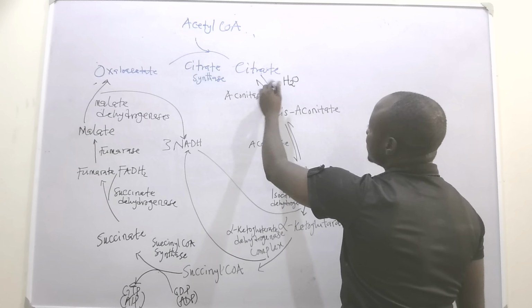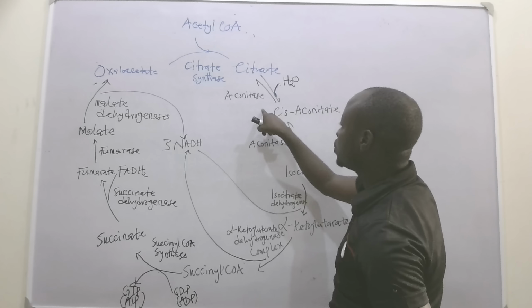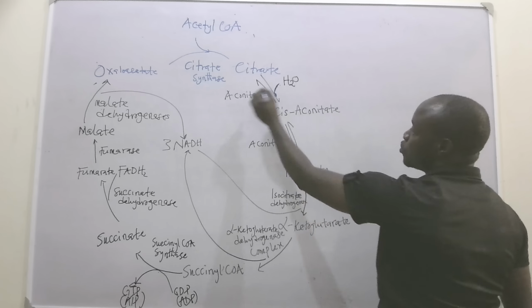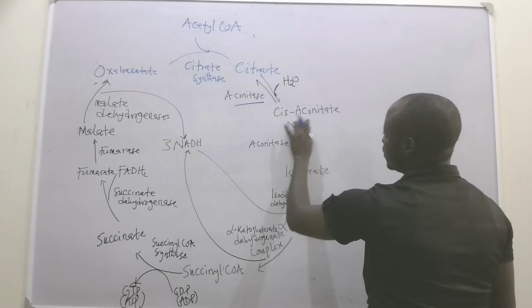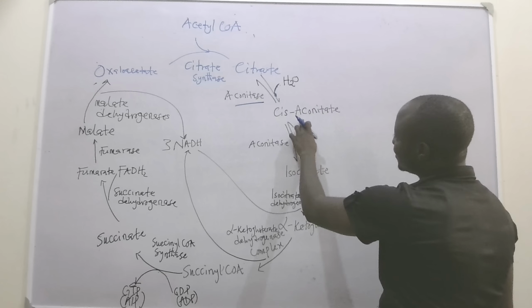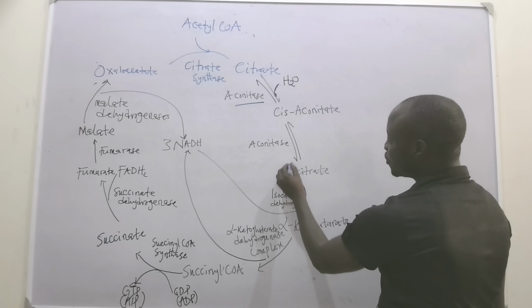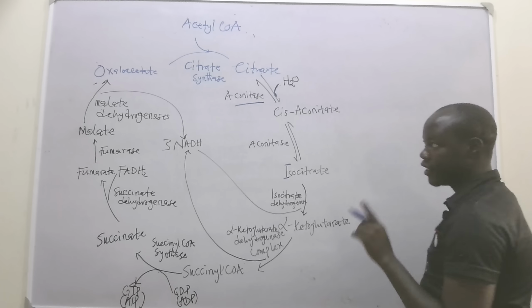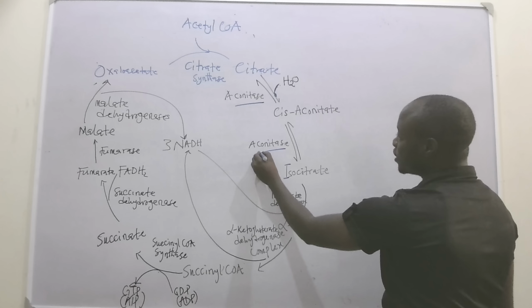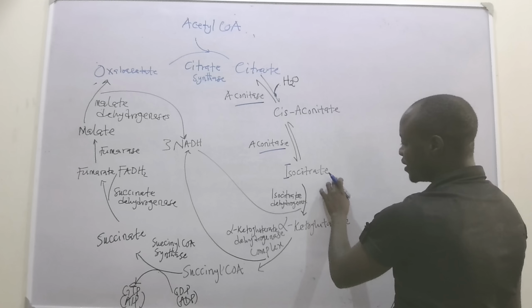So through this hydration reaction, although it is actually a reversible reaction, using an enzyme called aconitase, it will produce cis-aconitate. The cis-aconitate will further be converted into isocitrate using the same enzyme, aconitase.